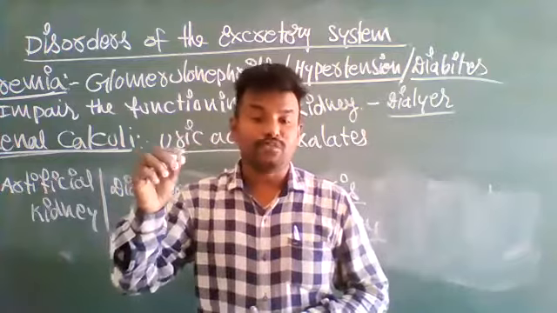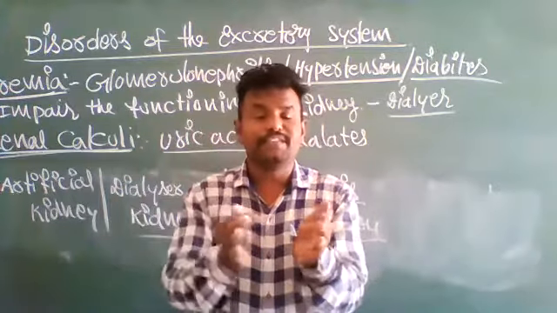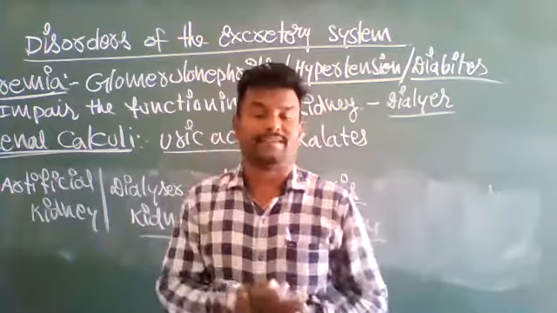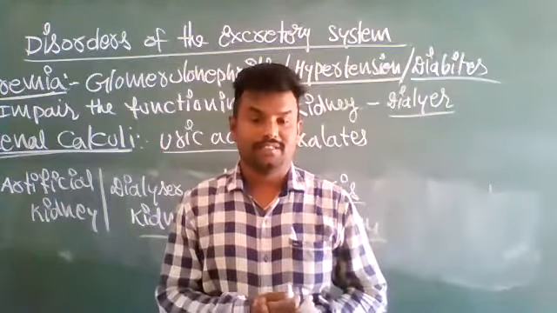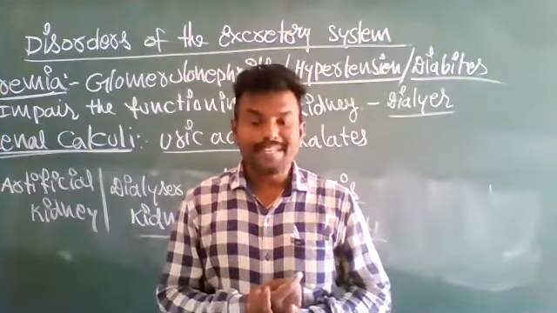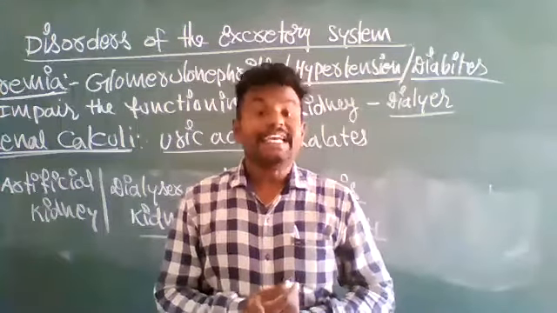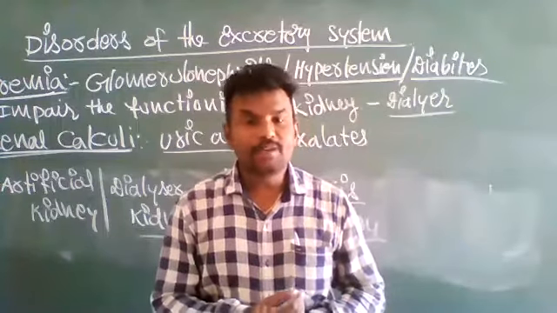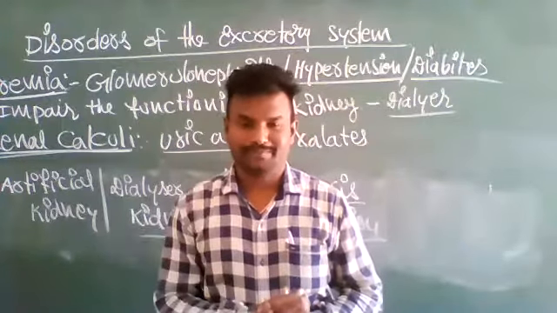Kidney transplantation means what? Using a functional, effective kidney from a donor. The donors should be the closest relatives to minimize the chances of rejection by the immune system of the host.